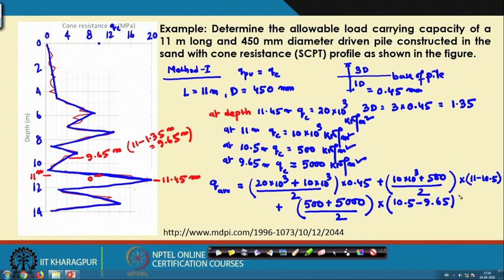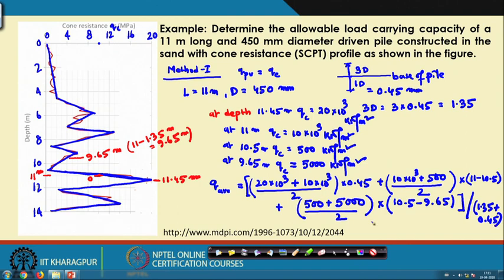And then the total we have to divide by the total length. The total length is 4D, which is 1.35 plus 0.45.